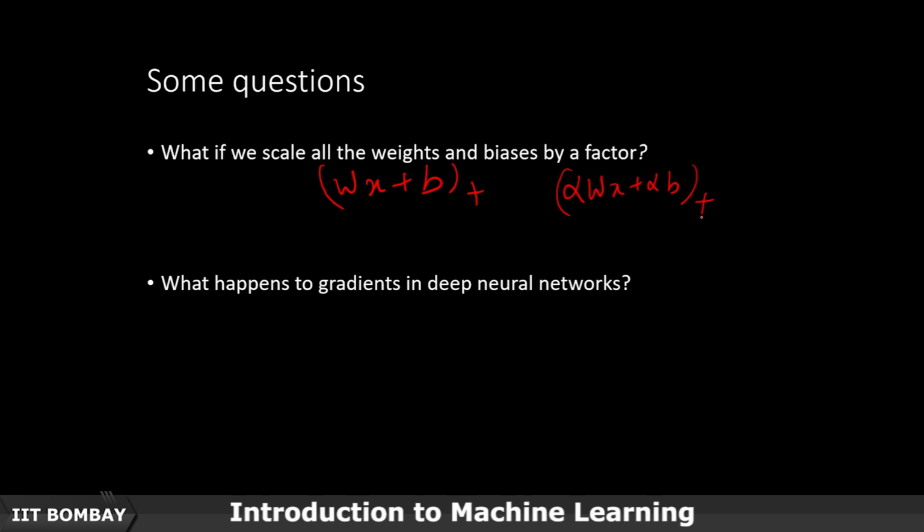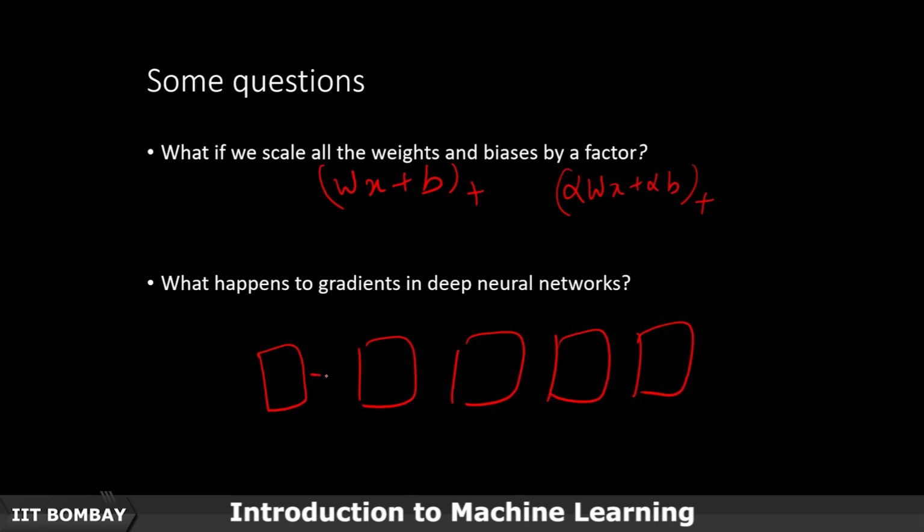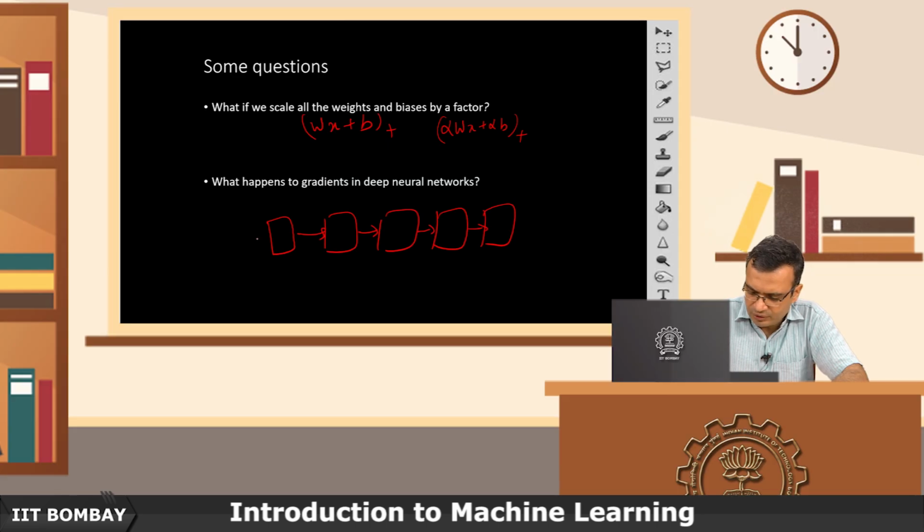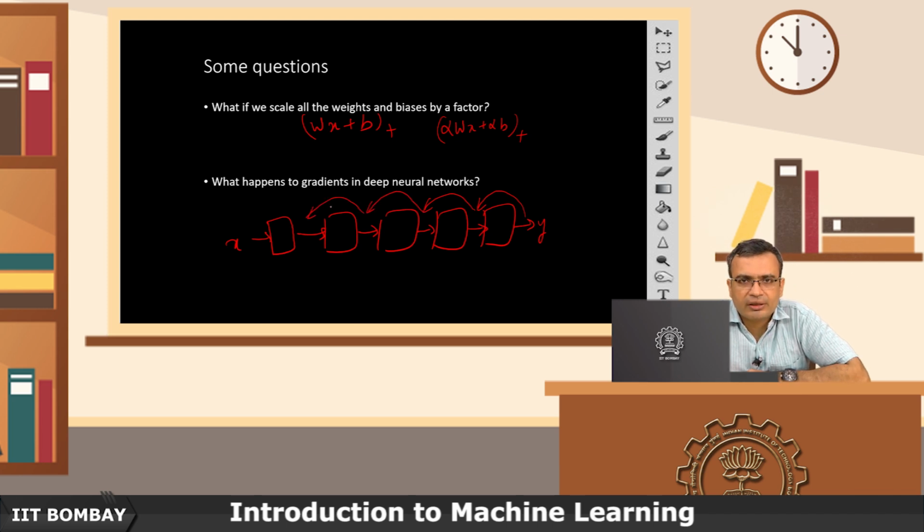The second part of it is that once we string a lot of these modules together and make a very deep neural network, so let's say the inputs are going to the next layer, and so this is your input, and then what comes out is your output Y. Once we do backpropagation, we know that there is this factor W that is basically the partial derivative at each point, and then there is this string of W's that get multiplied coming back together.